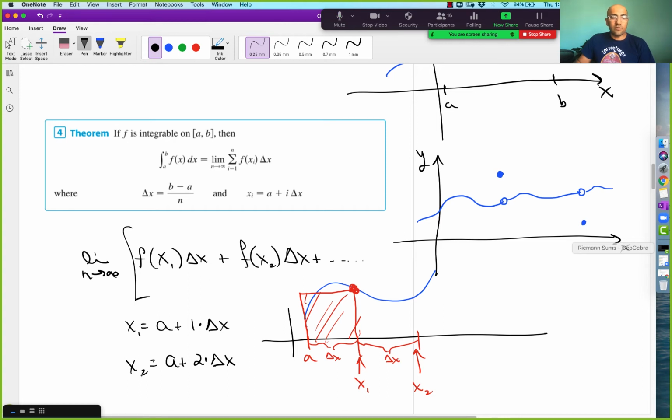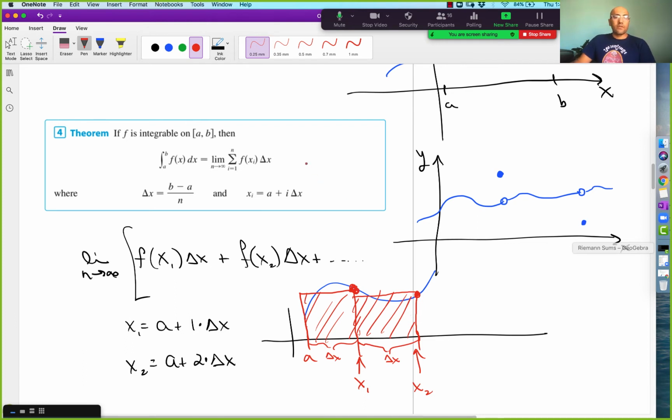There's a sub 2 there, therefore there should be a 2 there. And a plus 2 multiples of delta x lands you there. So the second rectangle is going to use this as its height, and then that would be the next one. Good, so I begin my approximation that way.